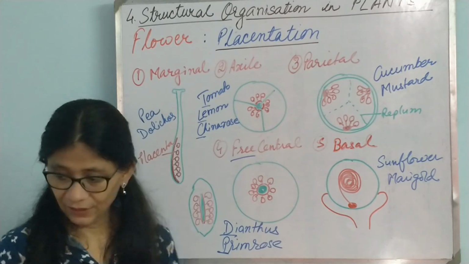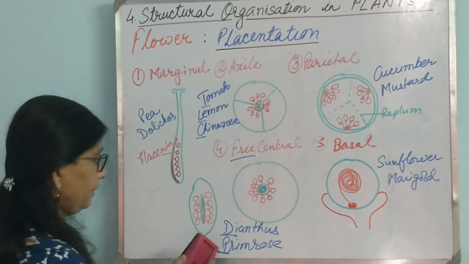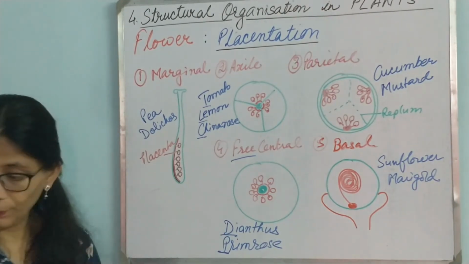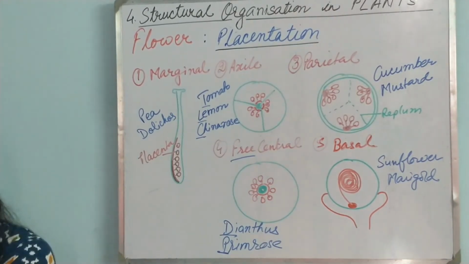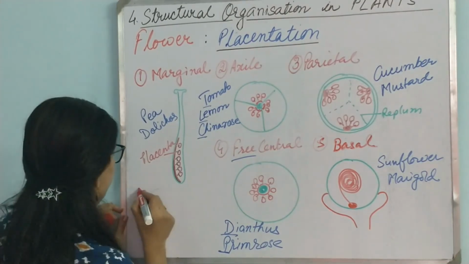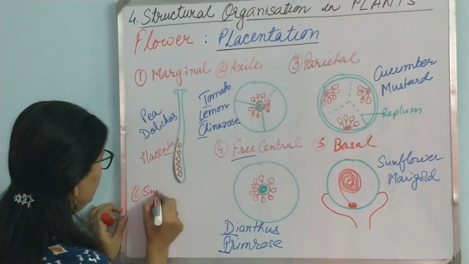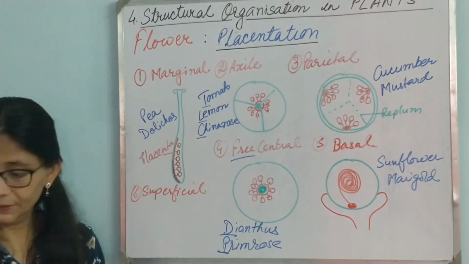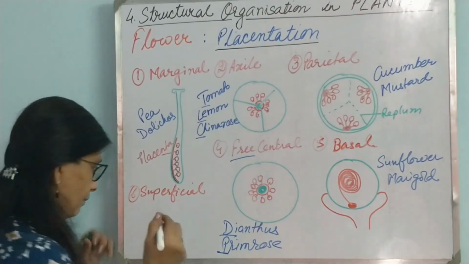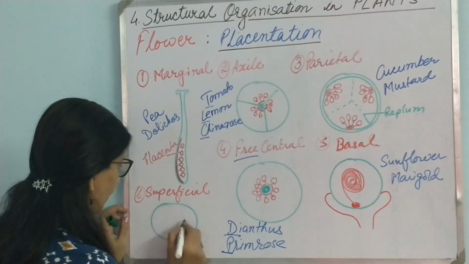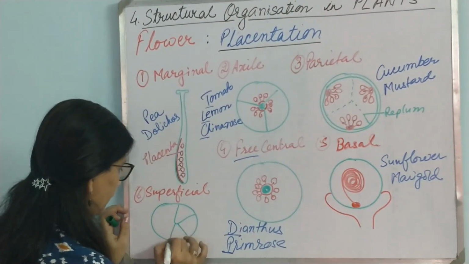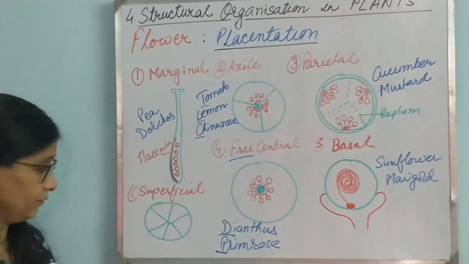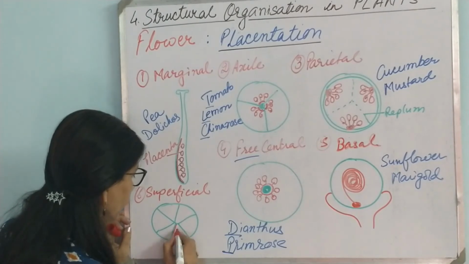Now one more is left, so I will do that here only. That is known as superficial, number 6. Here what happens? The ovary is again multi-chambered, a multilocular ovary, and the locules have placenta all around the septum.